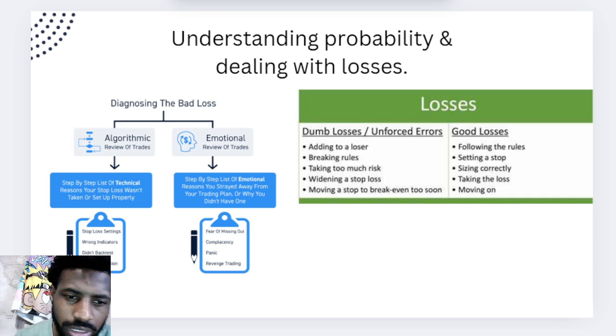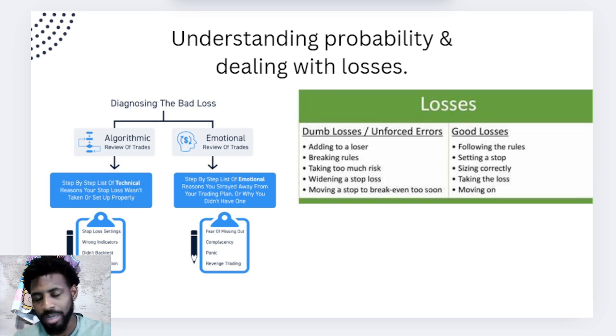Now you got the emotional, setting up a list of emotional reasons why you strayed away from your trading plan and why you didn't have one. Okay, one side is based off your technical, which is your strategy, which is 10%. Some people would say maybe 30%, but let's go with 10%. Then you got the emotional side, which is 90%.